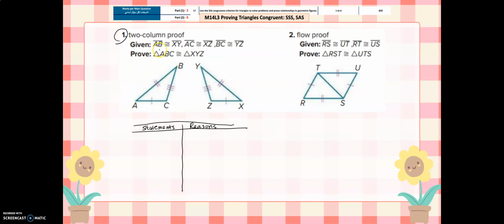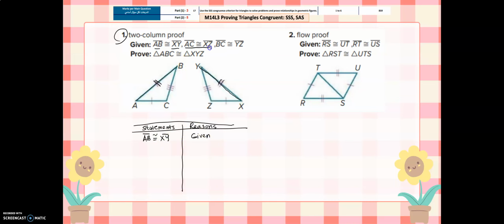It says here, line segment AB is congruent to XY. So we are going to write it down. Here, line segment AB is congruent to XY, and the reason is it's given.